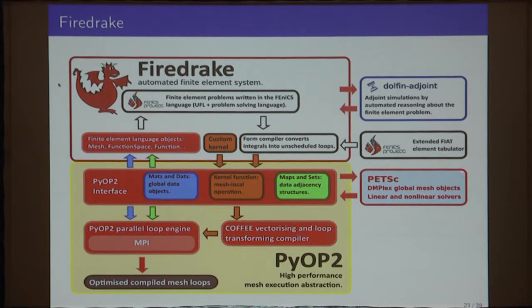Under the hood it's also exploiting things like PETSc. PETSc is an open source library for sparse linear solvers. It gives you access to direct solvers, and this is going to run on a million cores, and you don't have to do any additional work. This is the kind of space you want to be operating in if you're interested in developing new applications.